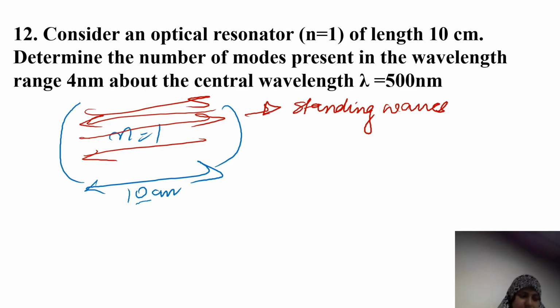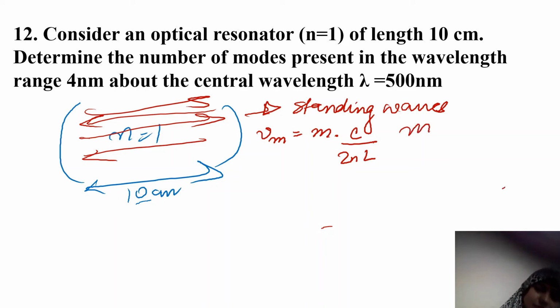For this we have one formula, which is that the mode frequencies will be m times c by 2nL, where n is equal to 1. Now m is equal to 1, 2, 3, and so on. It will tell us about the number of modes present.